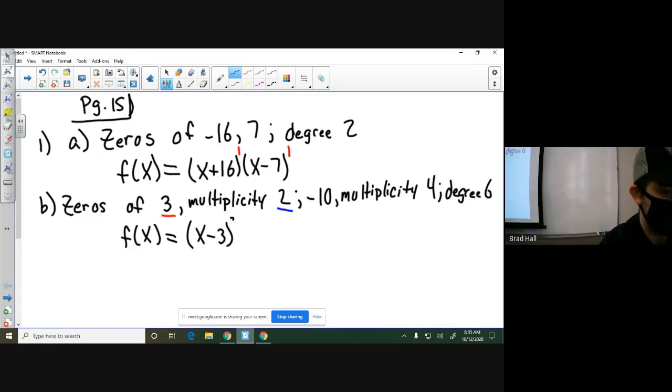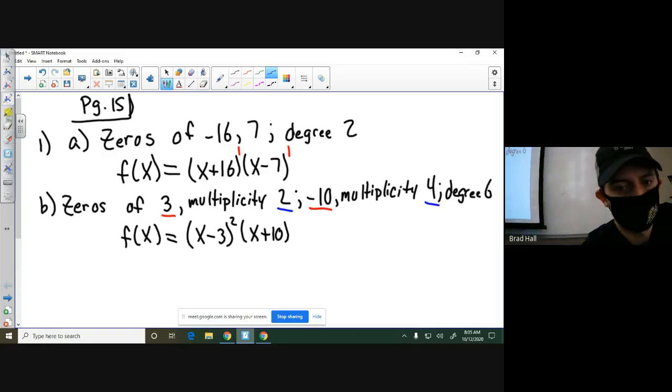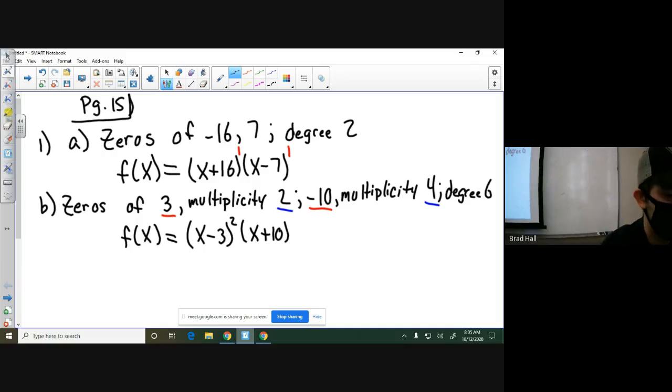So guess what goes as the exponent? It's 2. And negative 10, we have x plus 10, because that's our next 0, and it says that the exponent is 4. So that's really it.